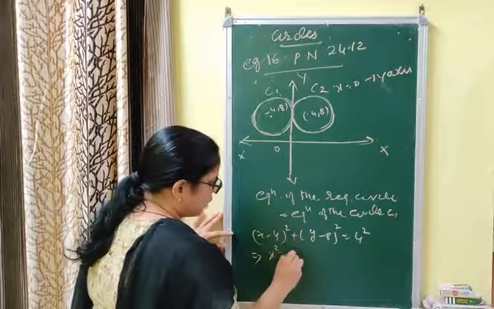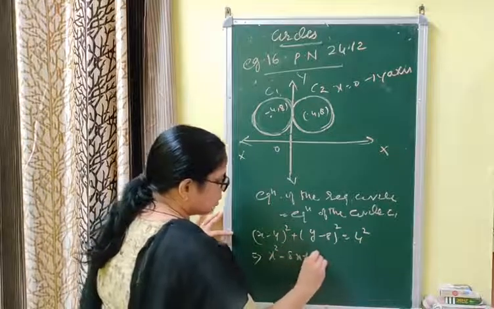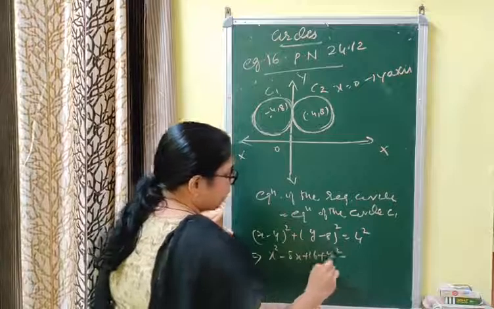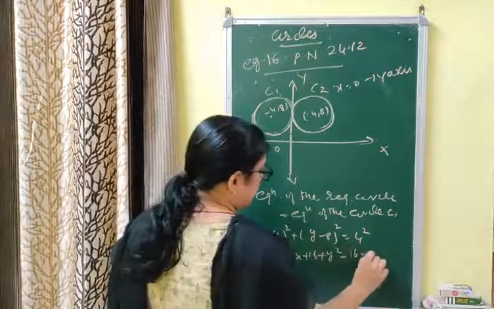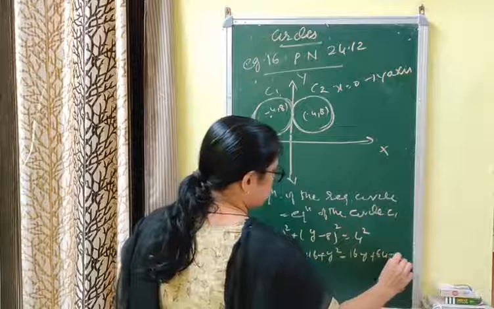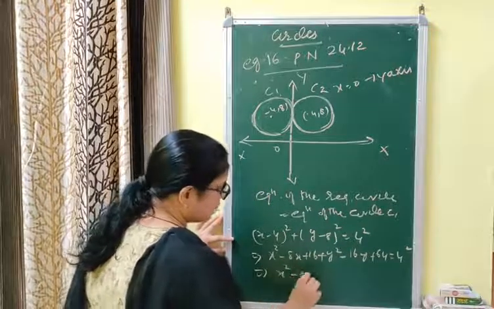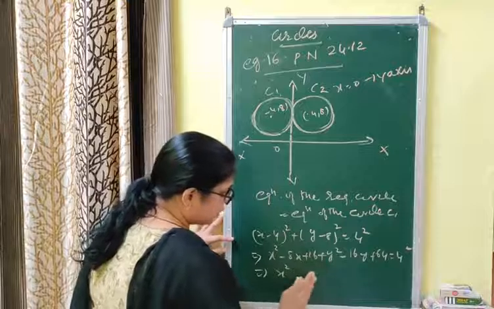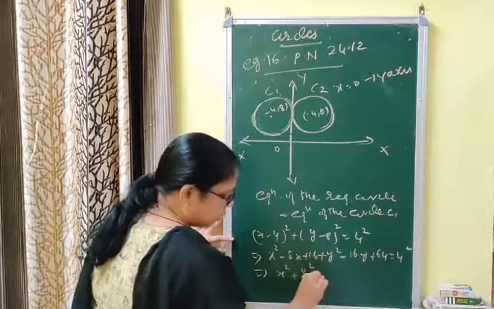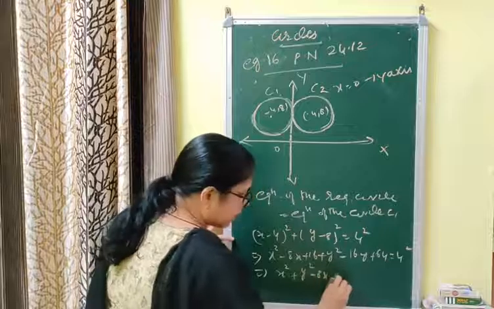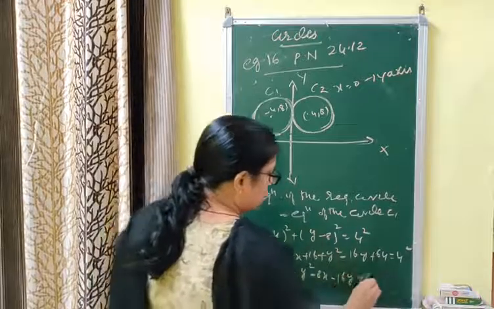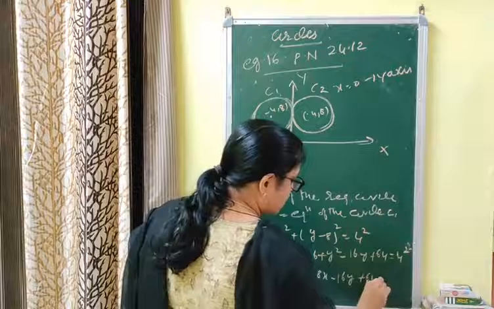By solving, x square minus 8x plus 16 plus y square minus 16y plus 64 is equal to 4 square. By cancellation, first of all writing in ascending order, x square plus y square minus 8x minus 16y plus 64 equal to 0.